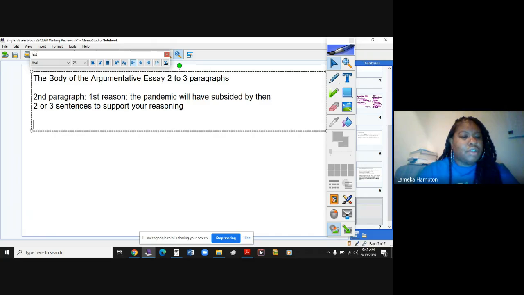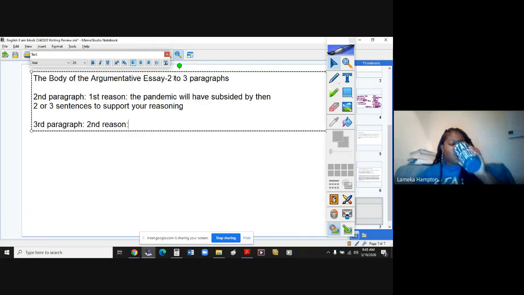All right. So the third paragraph would be your second reason, whatever your second reason would be. So I don't know. Who can come up with another reason as to why schools should be open by August? So y'all help me out here.